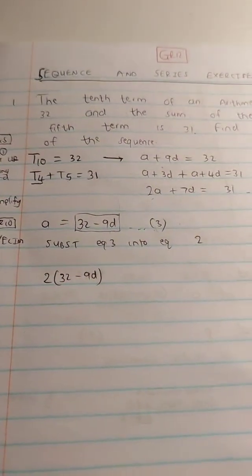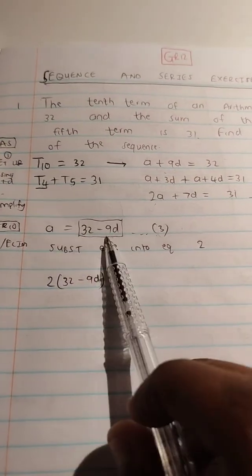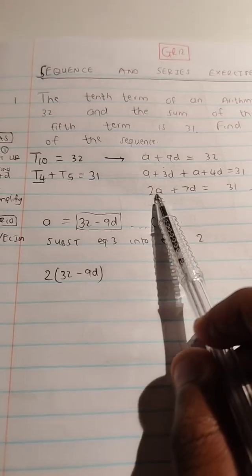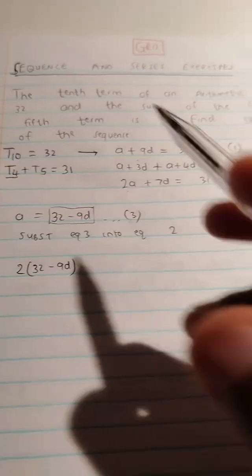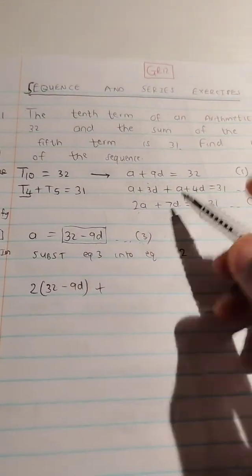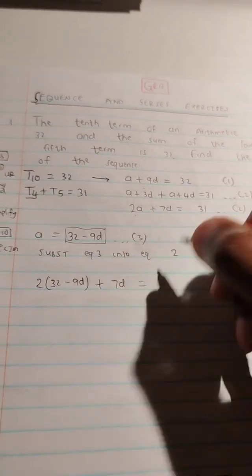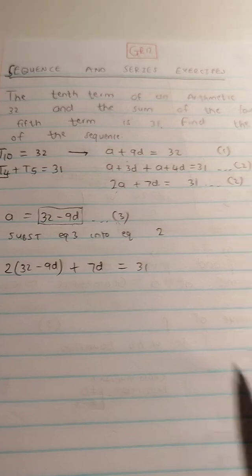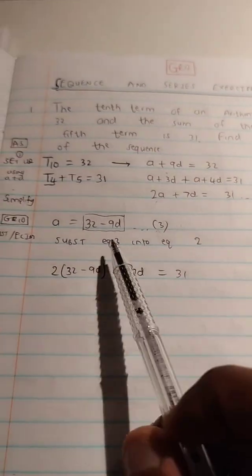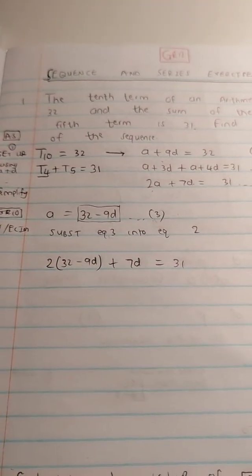Remember guys, when I substitute in a simultaneous equation, I use brackets. So in the place of a, I write 32 minus 9d, followed by plus 7d, equal to 31. That is my equation 2 with equation 3 substituted in.